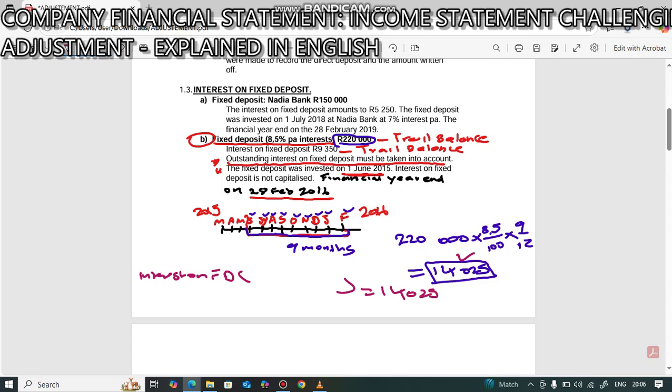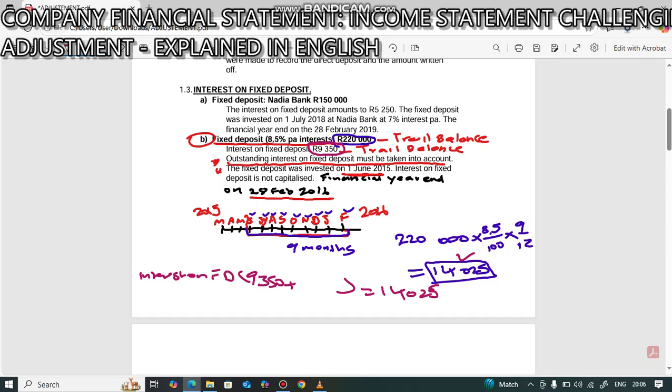Now, how much was received during the financial year? Let's go back to our information. The amount received during the financial year is 9,350. Now we need to calculate the outstanding amount, the accrued income that needs to be added here in order to get 14,025 rand.